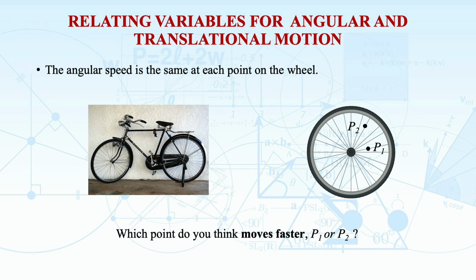This should explain to you why we choose to use angular variables for angular motion. You have studied in translational motion that the velocity and acceleration are the same for all points on a translating body. However, in case of angular motion, we use angular variables because the angular speed is the same for all particles which are located on a rotating object.